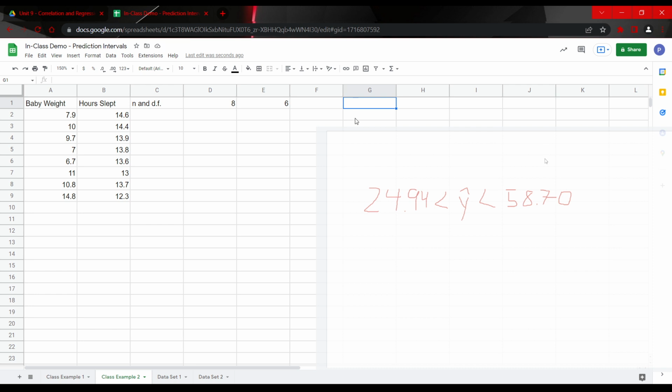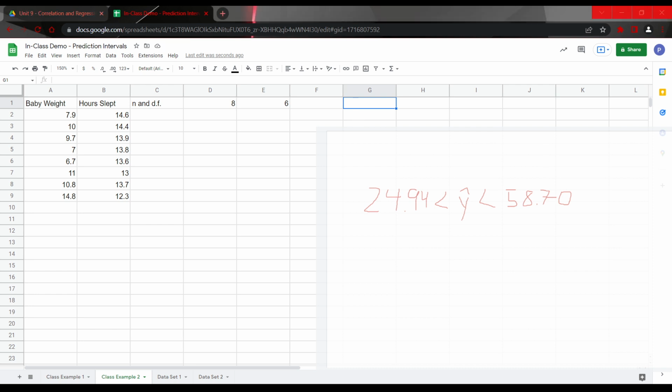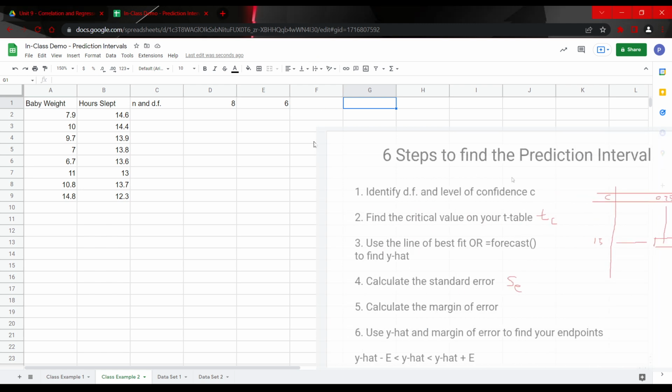My confidence level that they are asking me about from the book is 99% confident, which means that my t value is going to be T.INV.2T of 0.01, because that's what's left, and degree of freedom is 6. So my TC is 3.7.